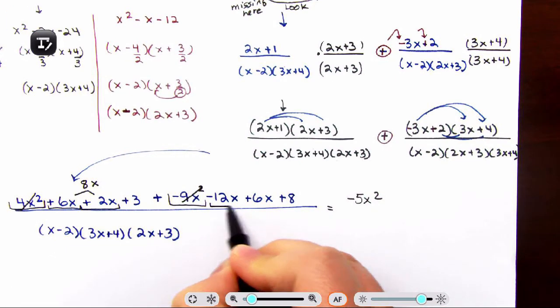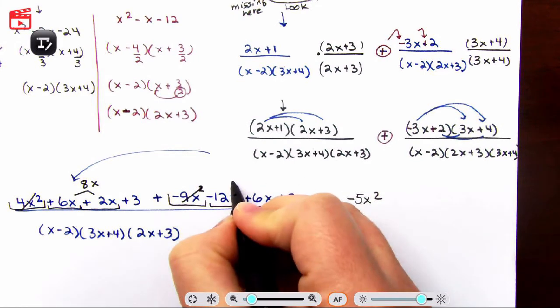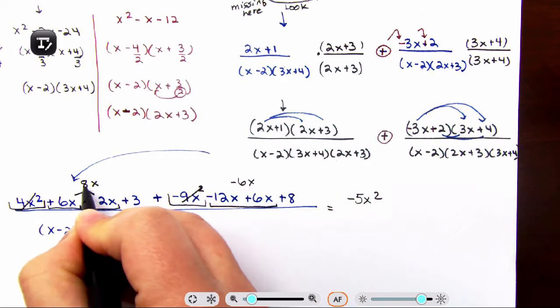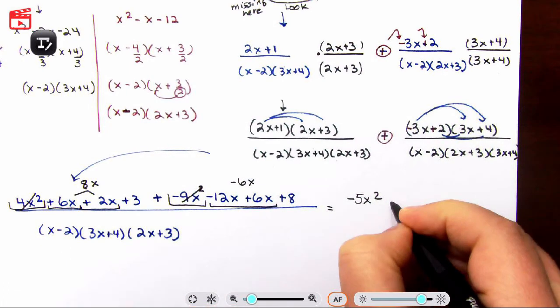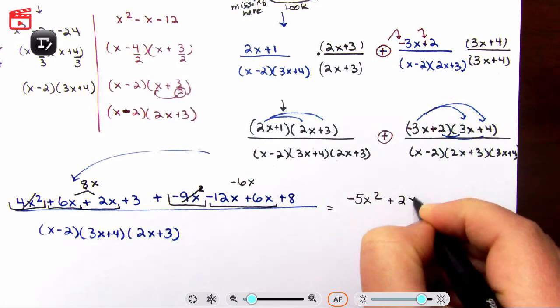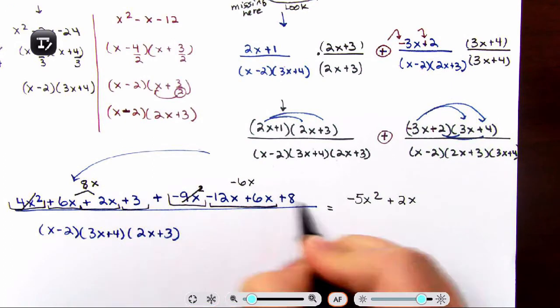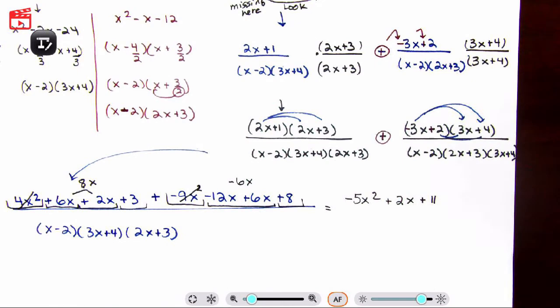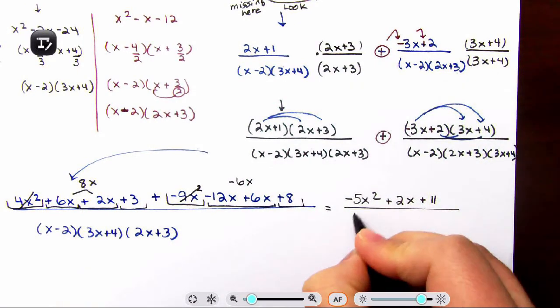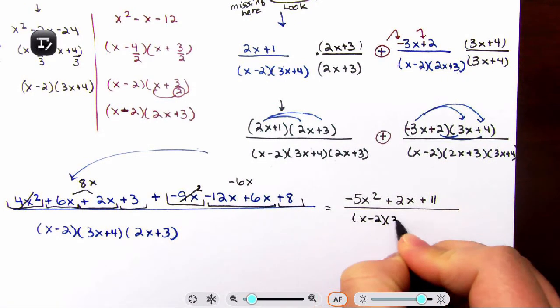I have a negative 12x and a positive 6x. That means I have a negative 6x. Negative 6x and a positive 8x combine to a positive 2x. Then I have a plus 3 and a plus 8, so that's 11 here. And again, our denominators stay the same in factored form. That doesn't change.